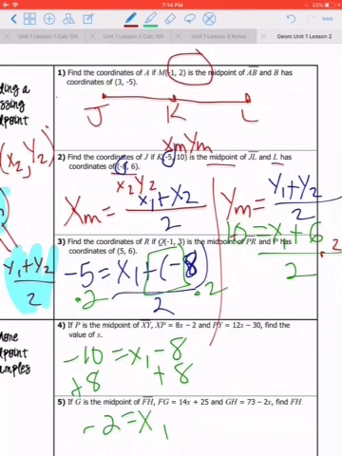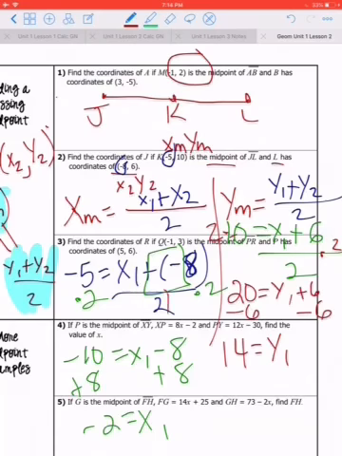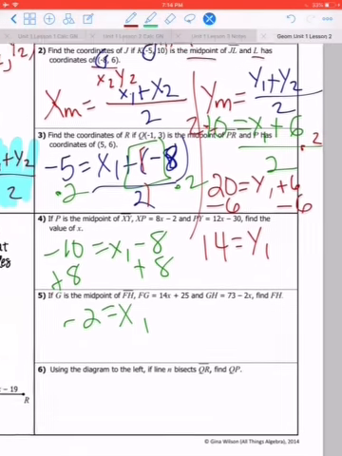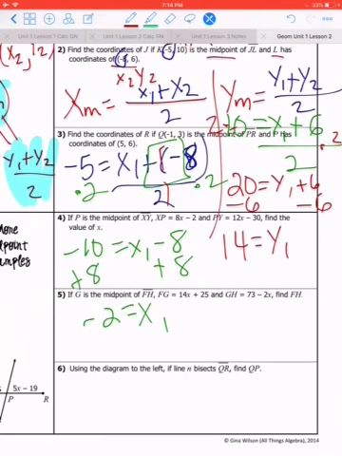So times by 2 on both sides, 20 equals y1 plus 6, and then we're going to subtract 6. 14 is y1. Okay, so putting those together, the coordinate point for J is (-2, 14).